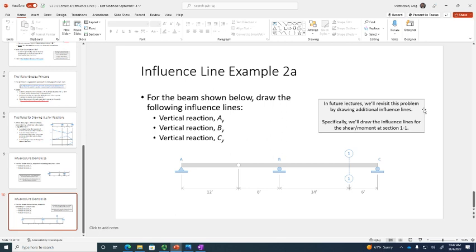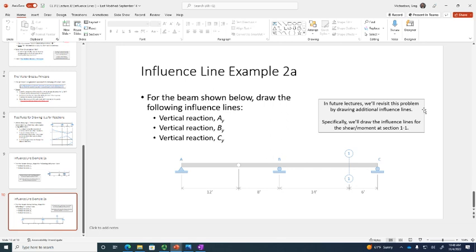It is quirky indeed. What I told you, it was quirky. All right, before you leave, I want you to pay attention to this. What we're going to do next time is evaluate influence lines for internal response, internal shears and moments. And the rules are going to be different.